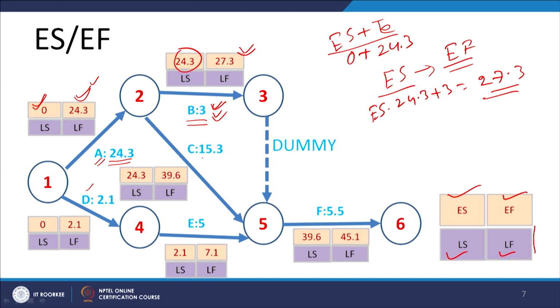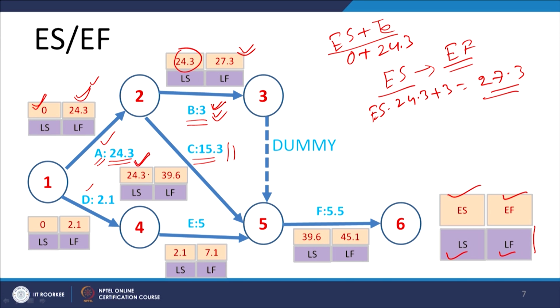Similarly, for activity C, the precedence requirement is the completion of A. So the earliest start time for activity C will be the earliest finish time of activity A, and C can be started when activity A is completed at the earliest possible. Since activity A finishes after 24.3, the earliest start time for activity C will be 24.3 only.